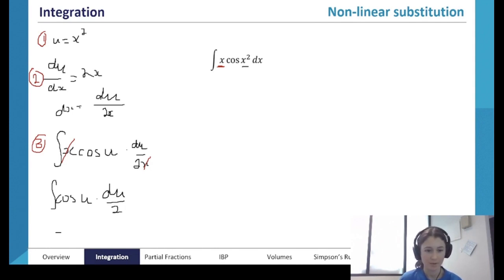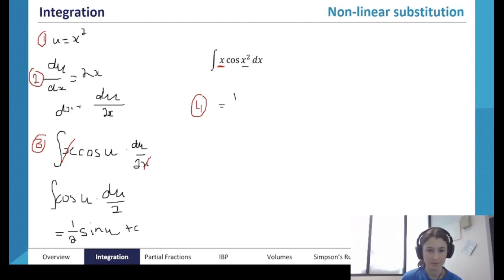Now, our integral is going to be a half sine u plus c. And remember, our fourth step is to substitute our u back in.